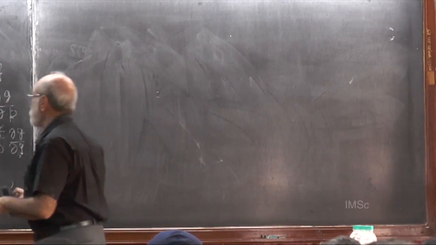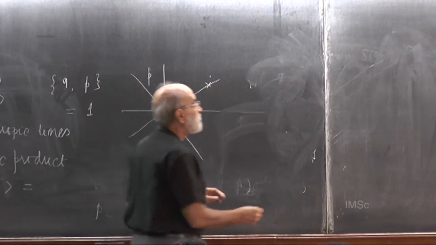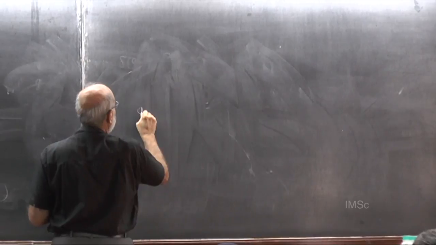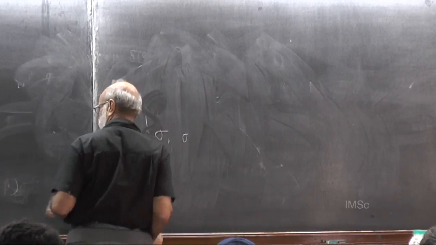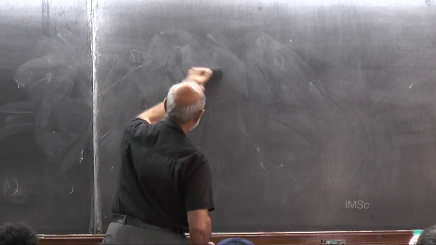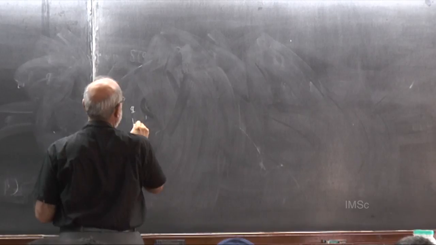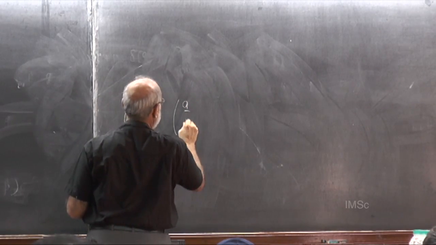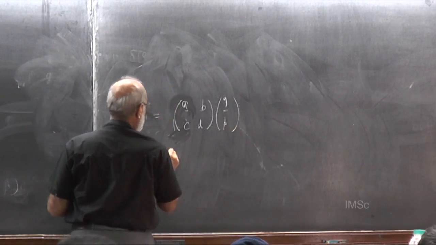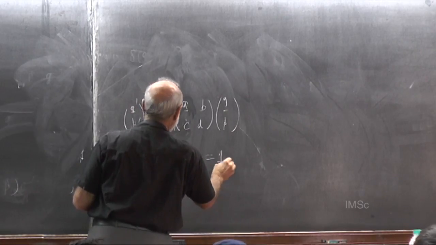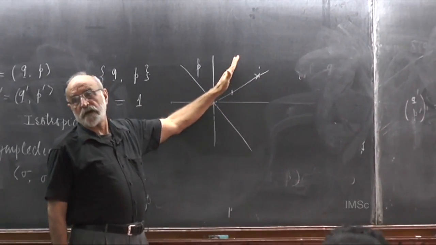Now, you can see the action of these canonical transformations on the phase space, Q prime, P prime, Q P. If you have two points, sigma and sigma prime, such a transformation will take an isotropic line, a line through the origin, to another isotropic line.